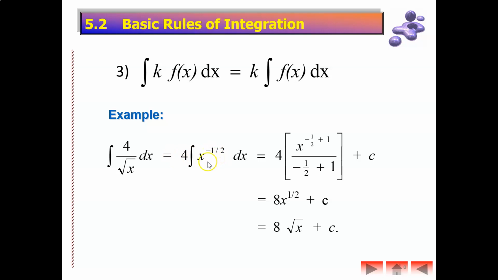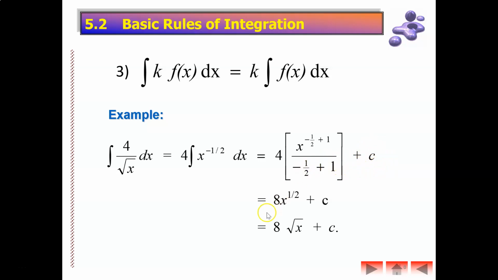So together, let's do this. Integrate x to the power of negative 1 over 2. Remember, when you have a power, you need to plus 1: x to the power of negative 1 over 2 plus 1. And then you divide by the whole new power over here, so you divide by negative 1 over 2 plus 1. And remember to put your arbitrary constant plus c over here.